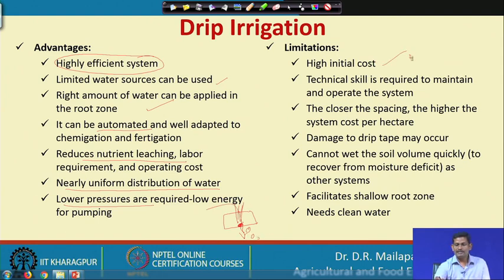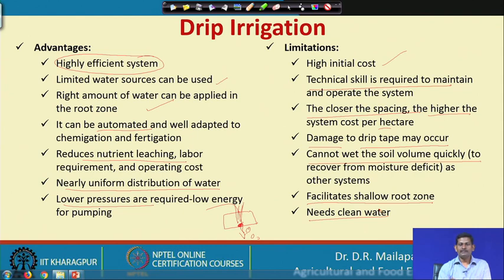And high initial cost here, and technical skill, labor is required, and closer spacing is required, and it also requires high initial cost in case of closer spacing. And damage to drip tape may occur because of rodents, it cannot wet the soil volume quickly, and it facilitates a shallow root zone, and needs clean water, because in both drip and sprinkler irrigation the water should be clean.